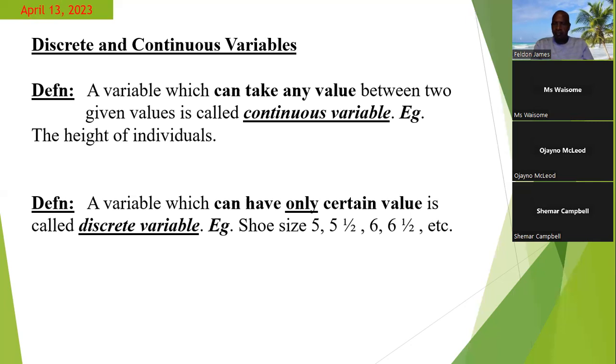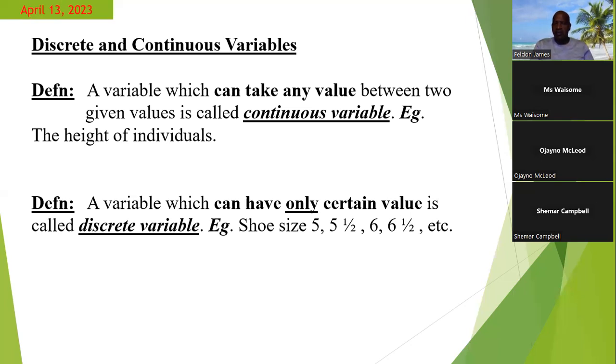A continuous variable takes a set of infinite values. It can always go up. So it's a set of infinite values between two values, and you can have measurements between two values infinitely.